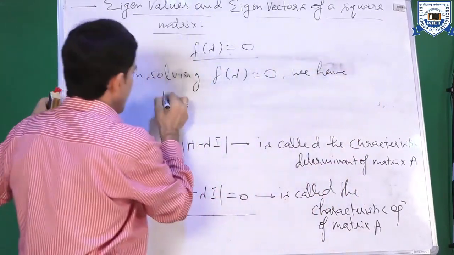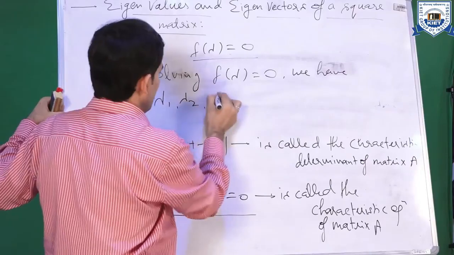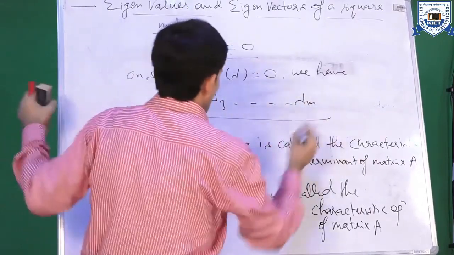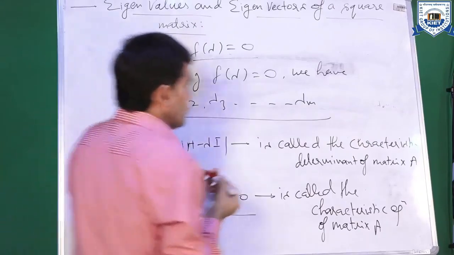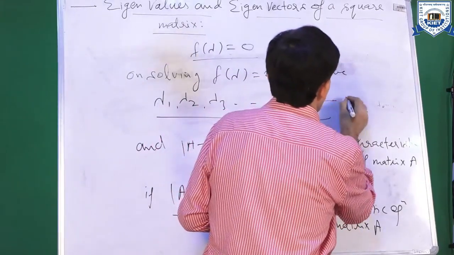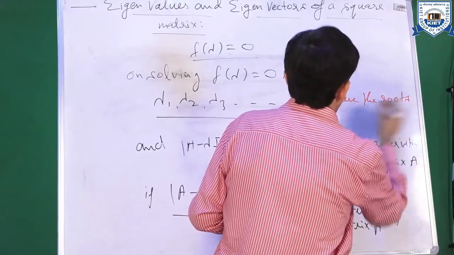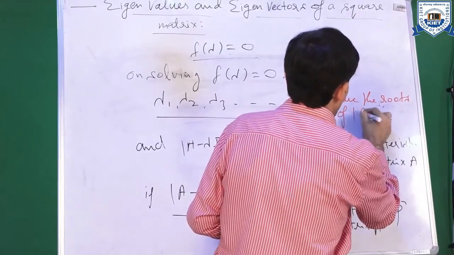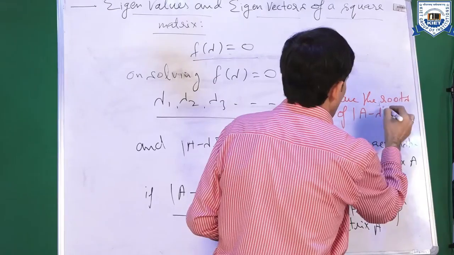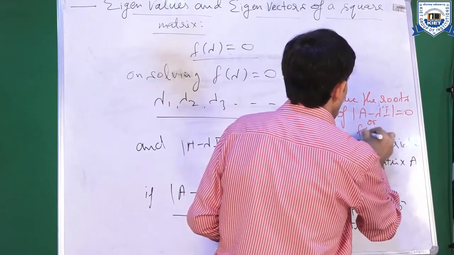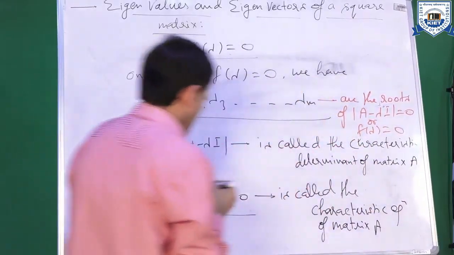We have lambda 1, lambda 2, lambda 3, dash dash, lambda m. These m values of lambda are the roots of the equation determinant of A minus lambda I is equal to 0, or f of lambda is equal to 0.